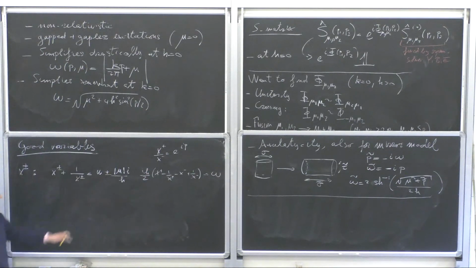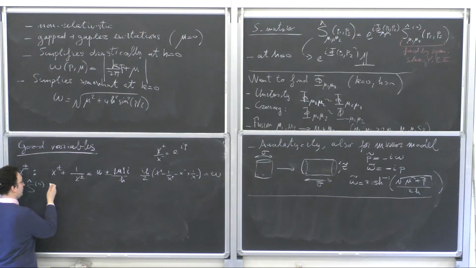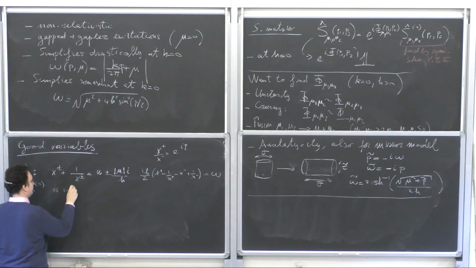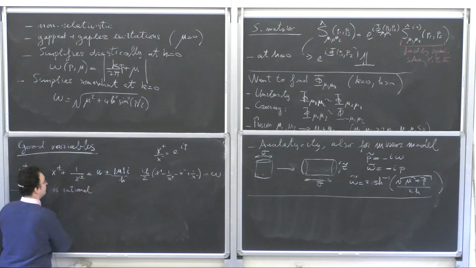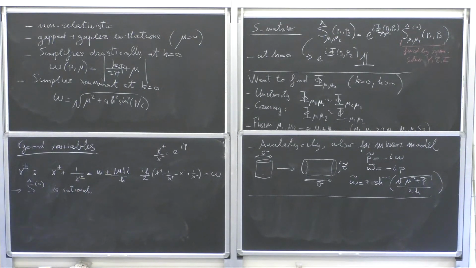This is not particularly important. The thing that is important is that S at 0 is rational when I use this parameterization. When I introduce this parameterization, S at 0 becomes a rational function or matrix. So that seems like a good parameterization.